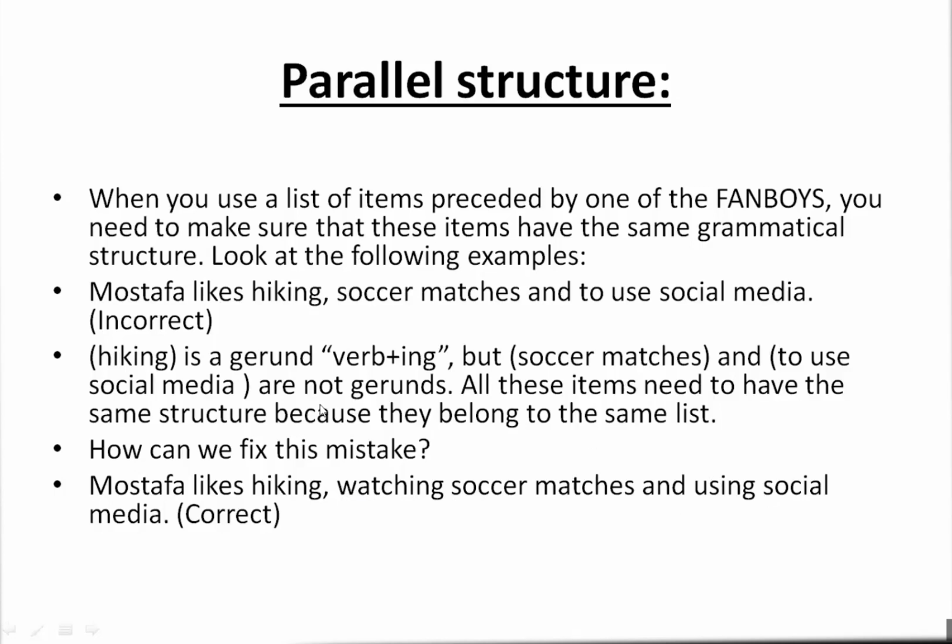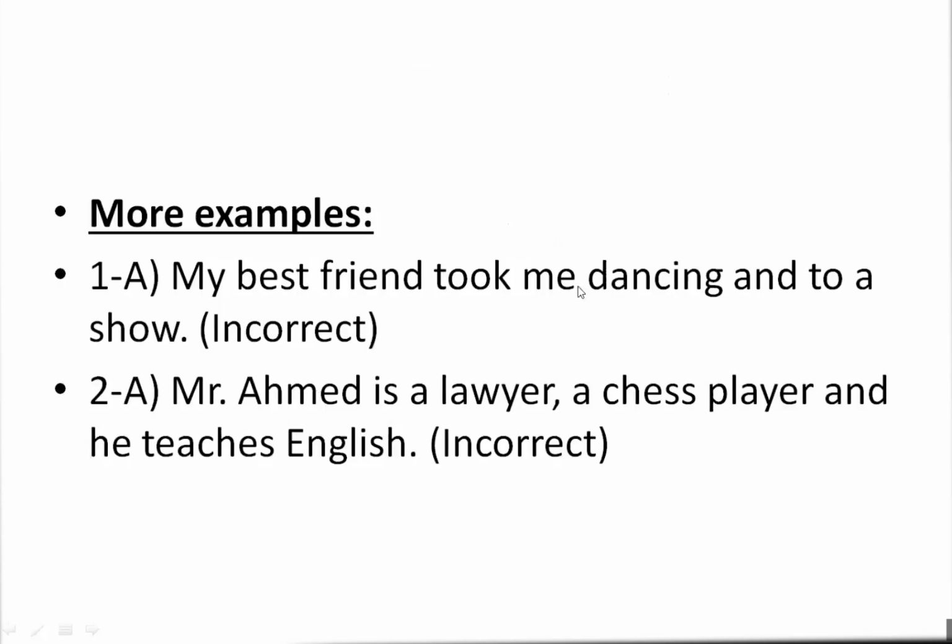Let's take another example. My best friend took me dancing and to a show. There's a problem here. Dancing, a gerund, a verb plus ing. To a show, a noun. That's wrong. We have to fix it. Take some time, try to fix it. How can you make this sentence grammatically correct?